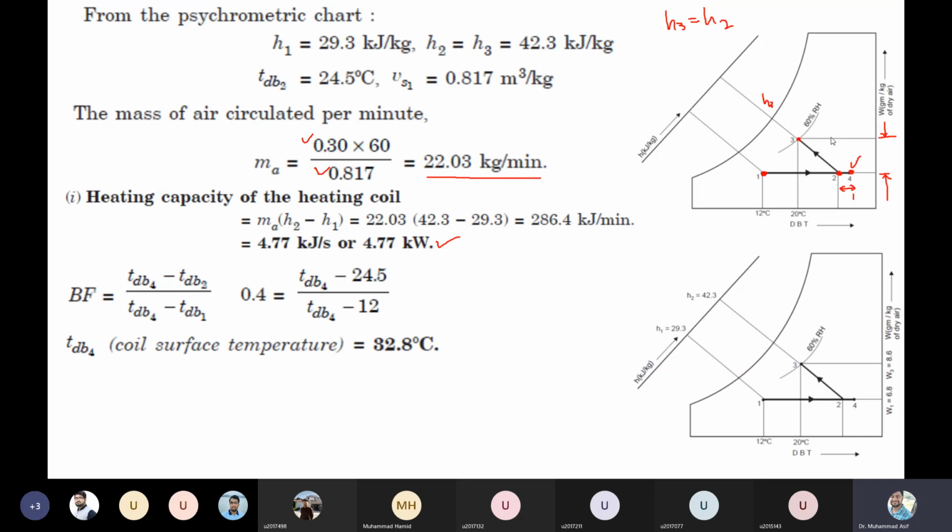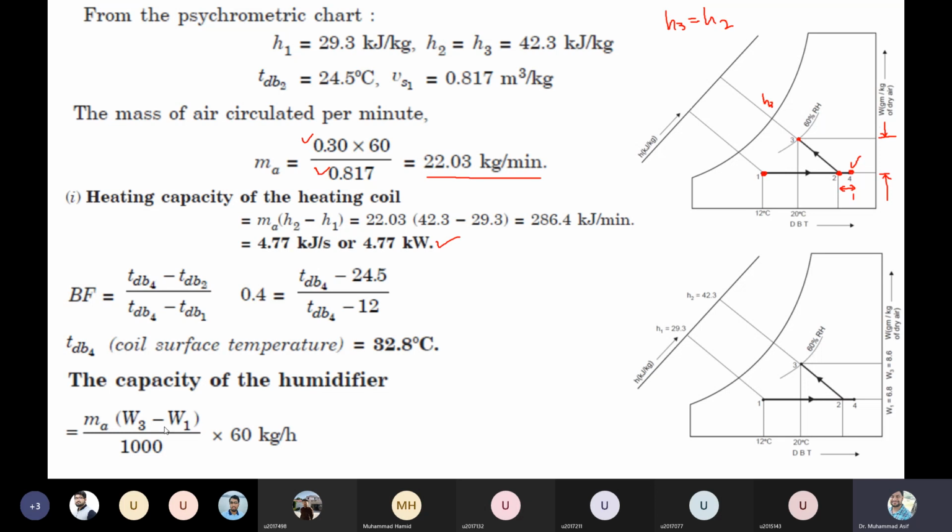The capacity of the humidifier is basically the difference of the humidity ratio, W3 minus W1, into the mass flow rate of dry air. Actually, it is divided by 1000, and multiplied by 60 persons, then you can have kg per hour, right?